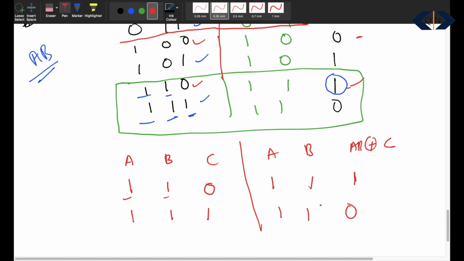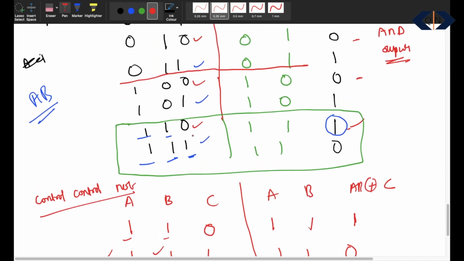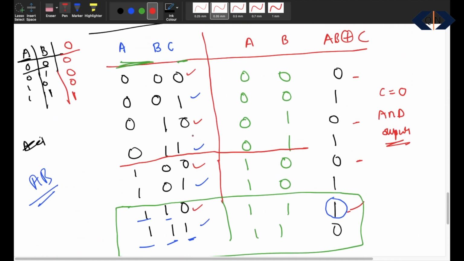So what is happening is control. When we are giving control to A and control to B, then our NOT operation is performed. That is why we say control, control NOT. If you go above, you will see it is not happening with the other bits.